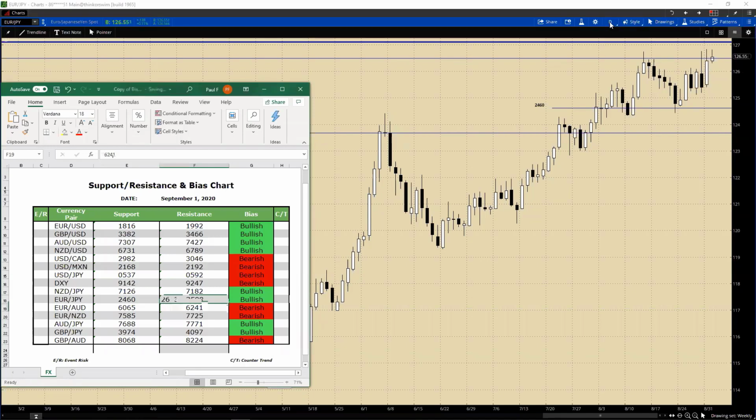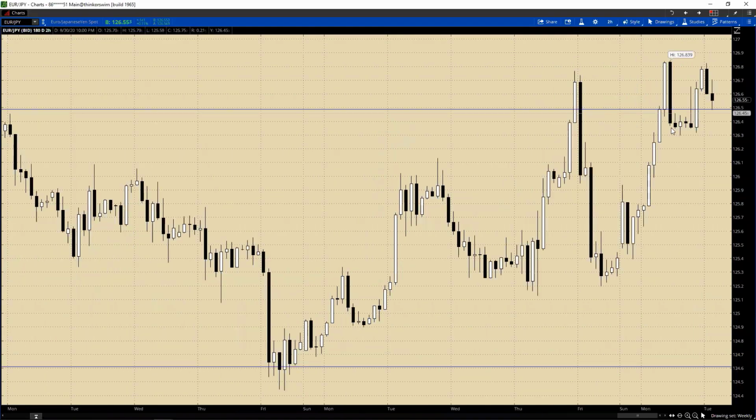And support, at least for now, it's going to be 26. That's too high. We'll go with this high right there, which is going to be 26.24.